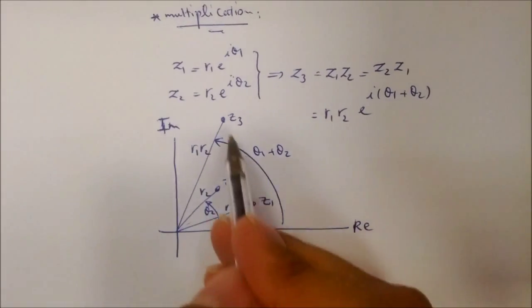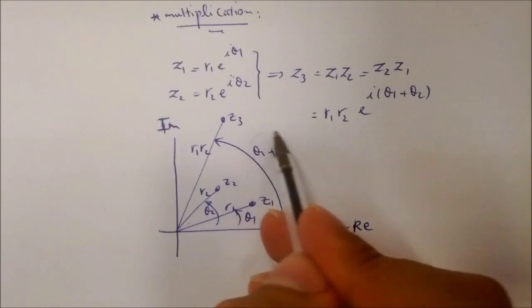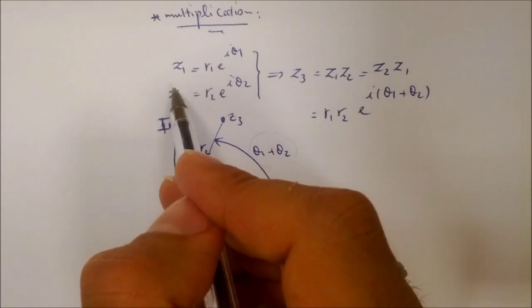So the argument of z3 will be the sum of the arguments of these two numbers.